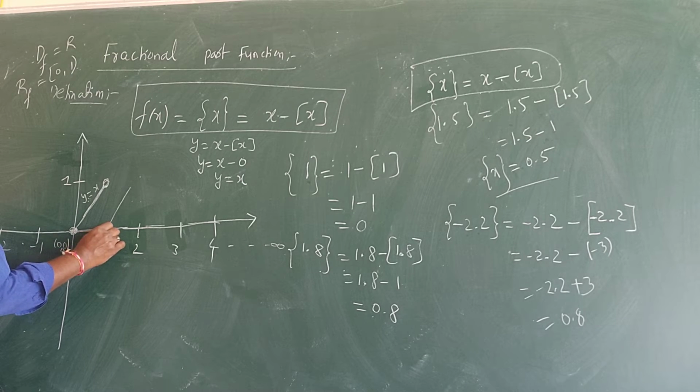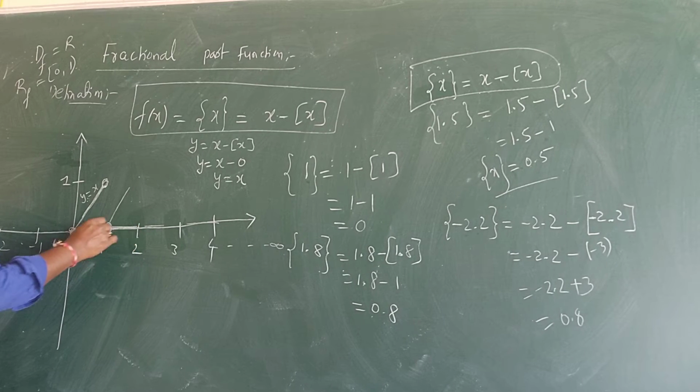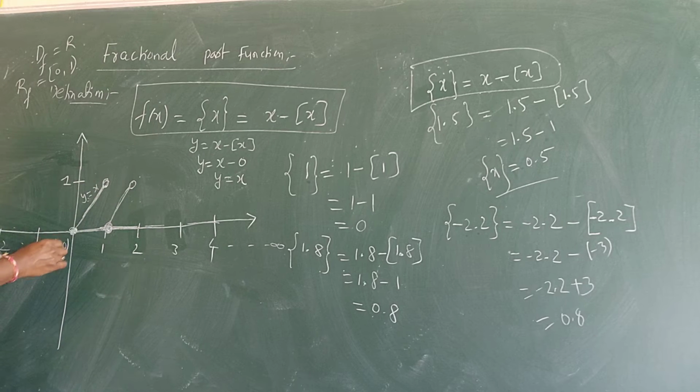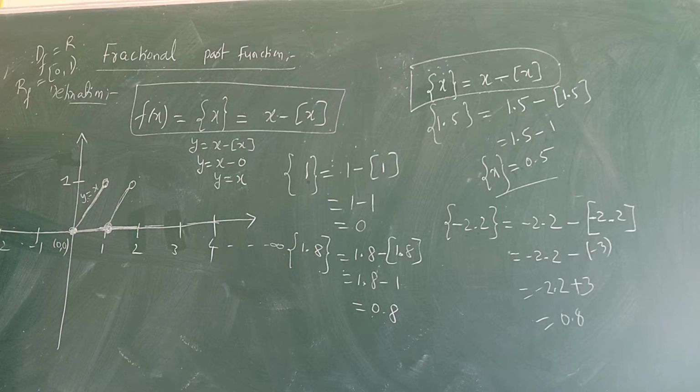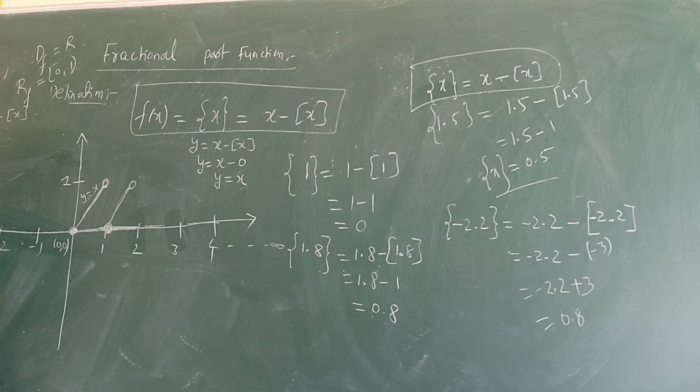So from 1 to 2, the fractional part is this one. Now y is equal to x minus greatest integer x. As you know, the greatest integer from 1 to 2 is how much? 1.